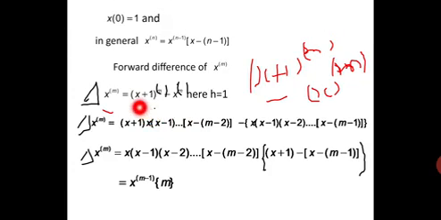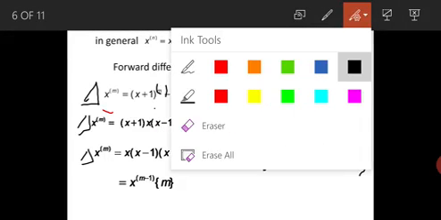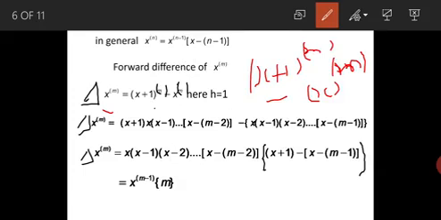Now I will express this factorial notation, x plus 1 factorial m. What is it? x plus 1, x minus 1, dot up to x minus m minus 2. Right? This is my first factorial, that is x plus 1 factorial.